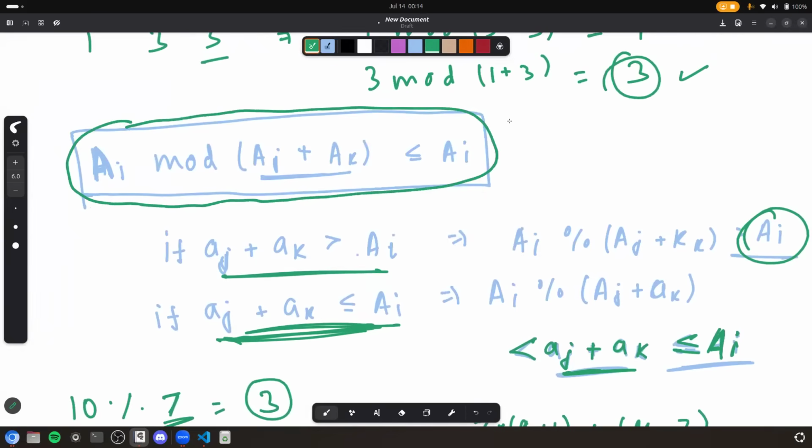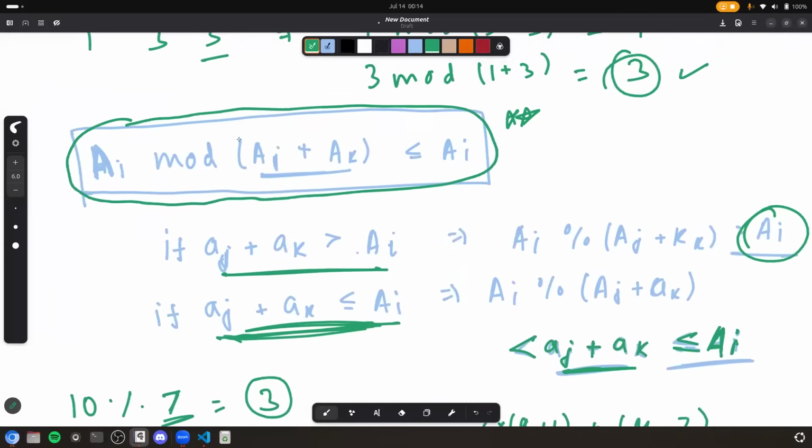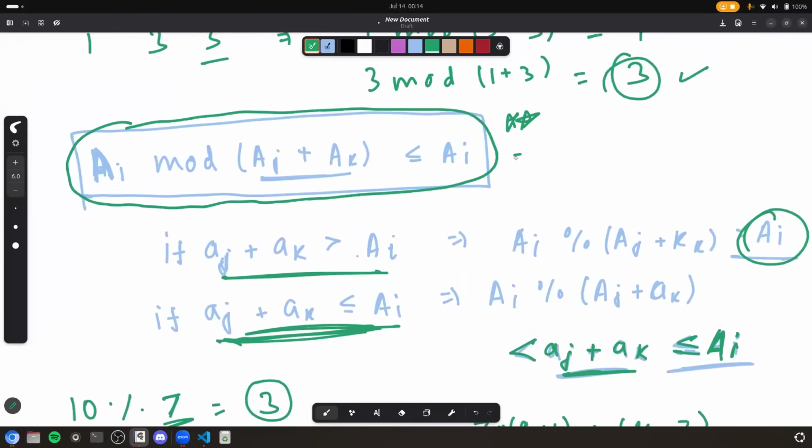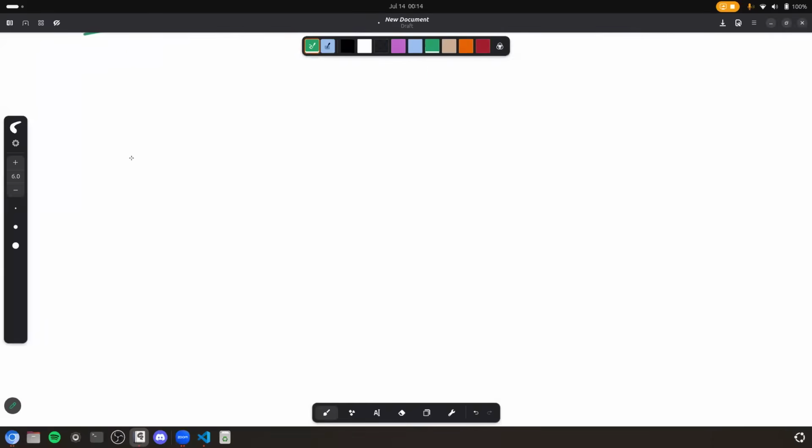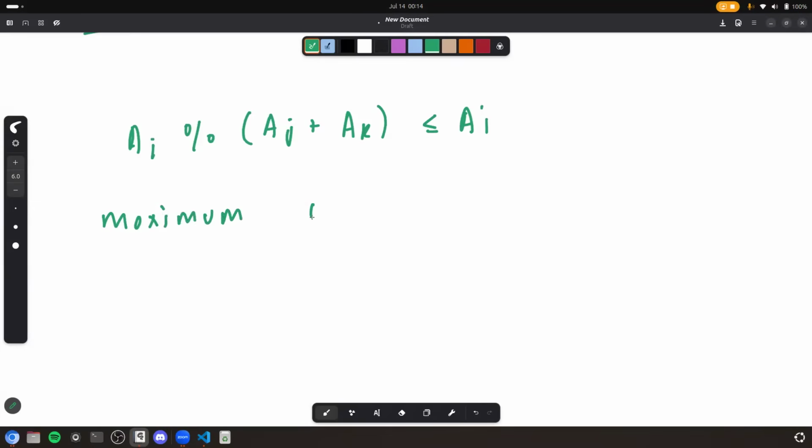So this thing is always less than or equal to AI. This is one observation. Let me write this again: AI modulo AJ plus AK is always less than or equal to AI, and it is maximum when AJ plus AK is greater than AI.